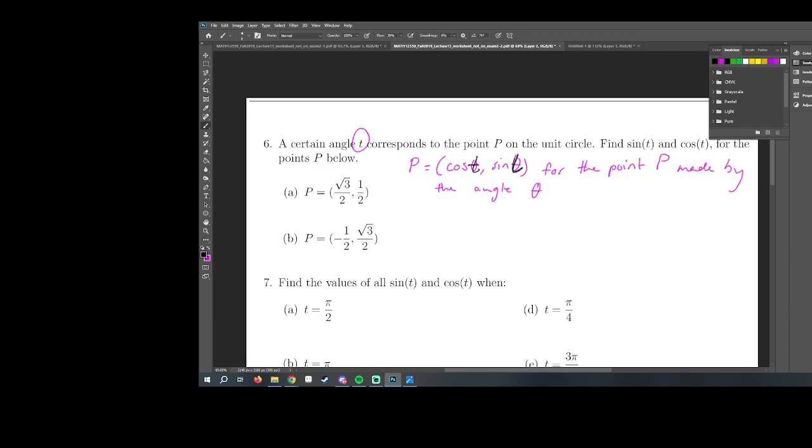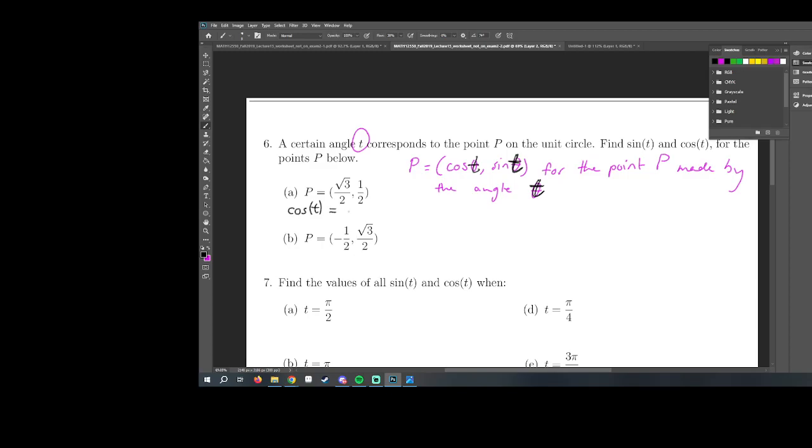I find out that the answer is just going to be pointing to one of these numbers, right? If they want the sine of it, I have to look at the y value. If they want the cosine, I look at the x value. So the cosine of t, because t is the angle, right? A cosine is a function that takes in an angle and gives you out an x value.